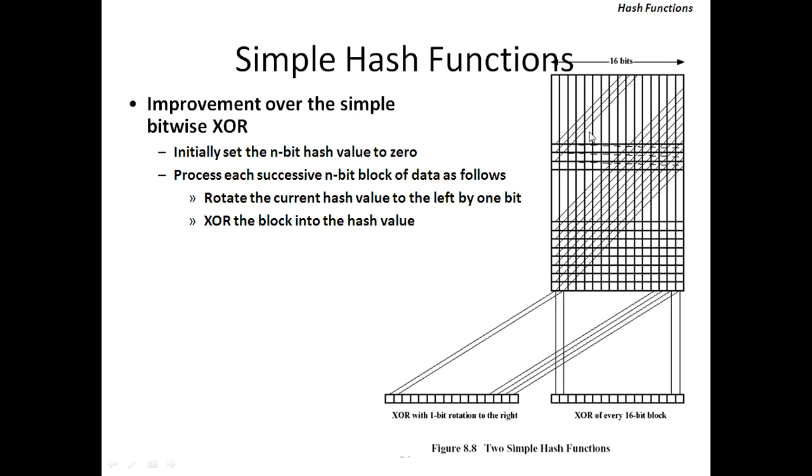Here, first block 1 and block 2 are exclusive ORed together. Then the resulting hash code is rotated left by 1 bit. Then take the second block and do the exclusive OR. Then whatever hash code you get, again rotate left by 1 bit, like that.